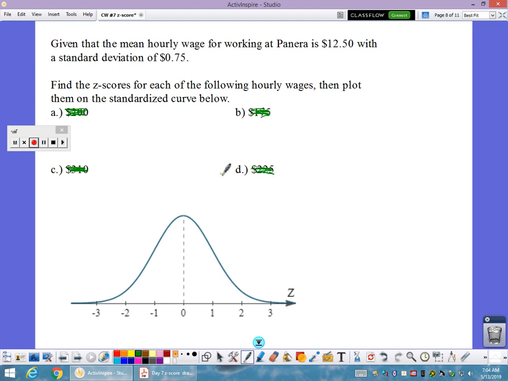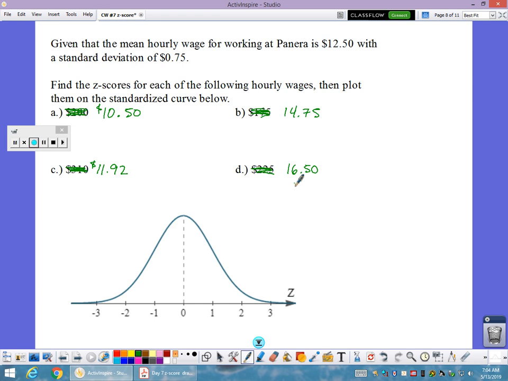All right, let's come up with a couple hourly wages. What if somebody made $10.50? What if somebody made $14.75? Somebody made $11.92 and $16.50.